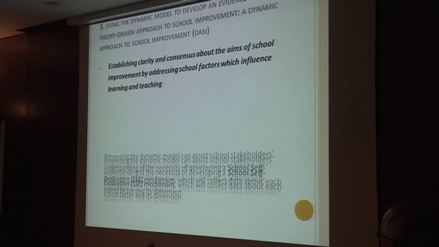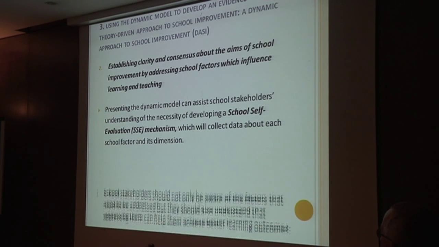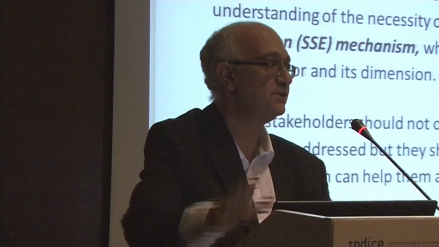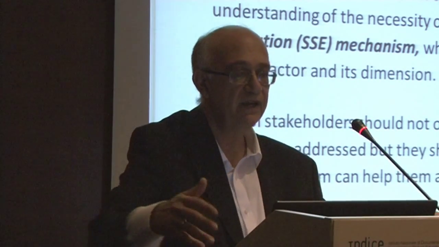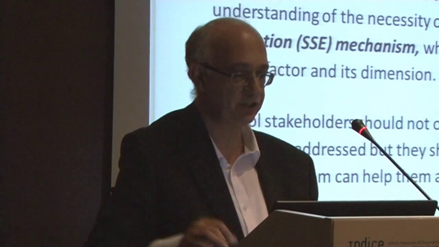Let me move now to the second step. Let's say that we managed to pass through step A. In step B, what we try to do with the schools that are involved in the experimental studies that I will present in a few minutes is to give them usually a handbook where ideas about actions that can be taken in order to improve the functioning of school factors are there. Obviously, the advisory and research team is expected to support schools towards this direction.